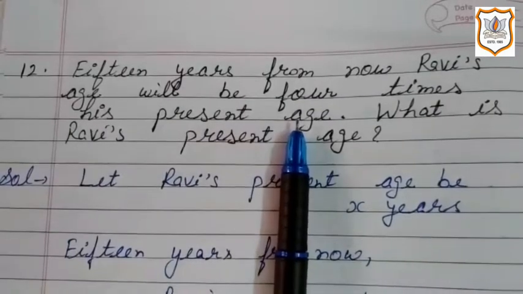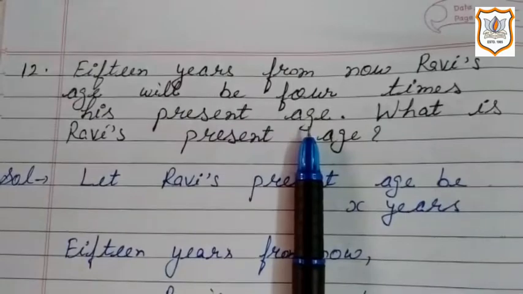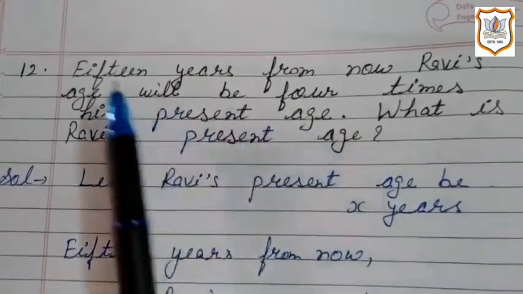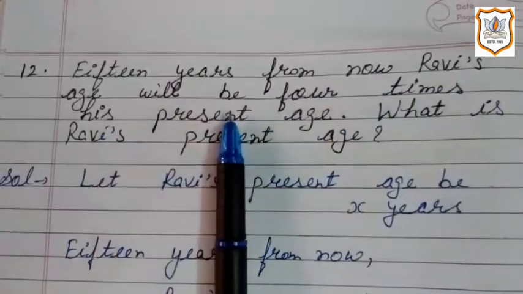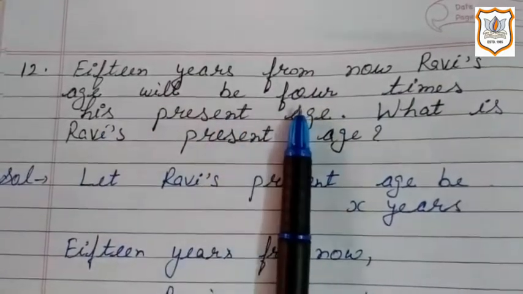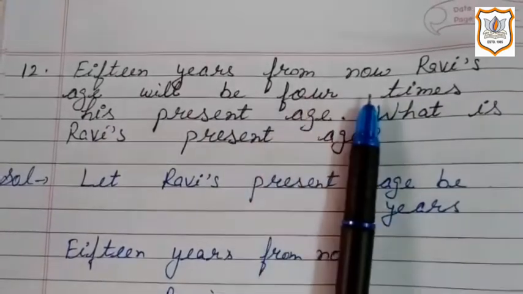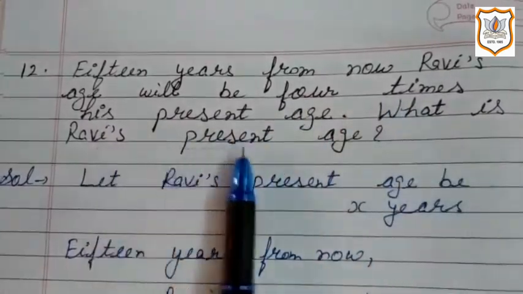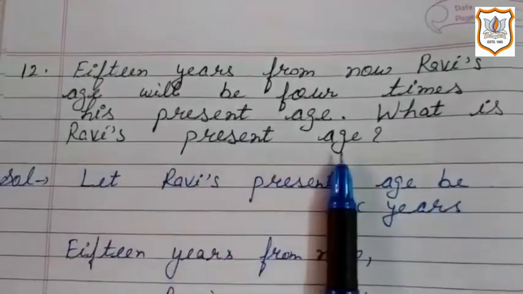So first we suppose Ravi's present age is X years. After 15 years, Ravi's age will be 4X, because 4 times his present age means 4X. What is Ravi's present age? Then we find Ravi's present age.